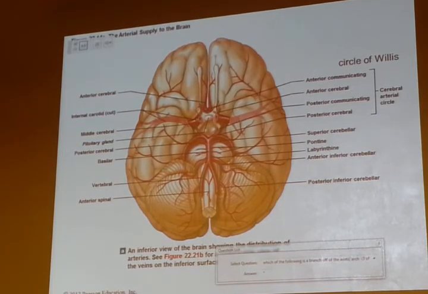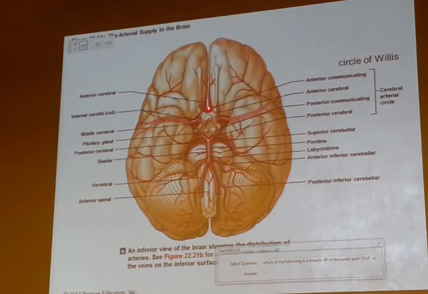Of course, any part of your brain can't afford to lose its supply, but should you have a blockage, or you don't have one vertebral artery but you have all the others formed, then blood can flow through the circle, come back retrograde, and then get out to those parts of the brain. If you have a block here, blood can flow around and come back to the posterior parts of the brain.